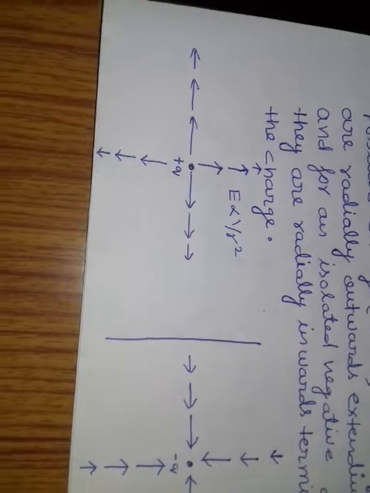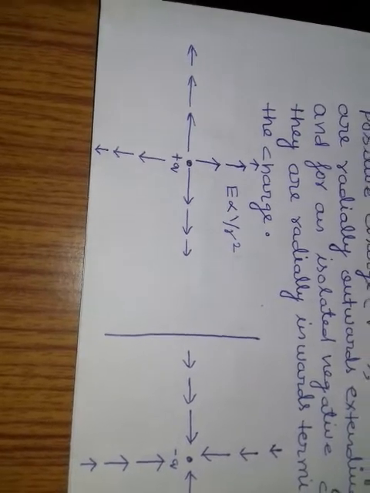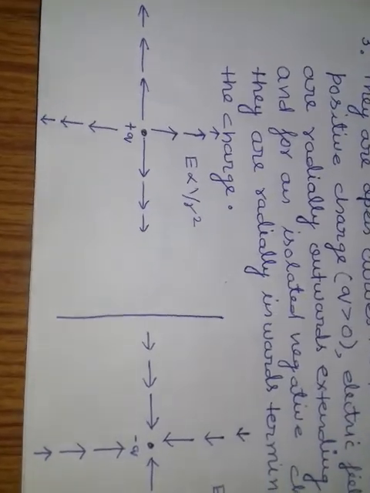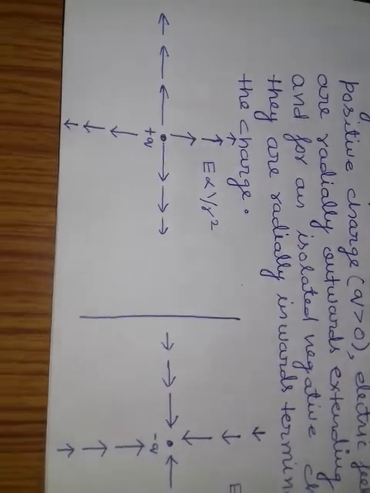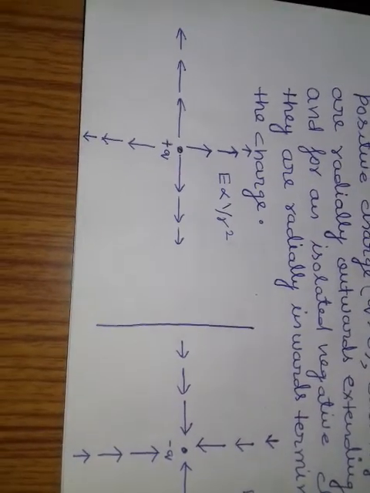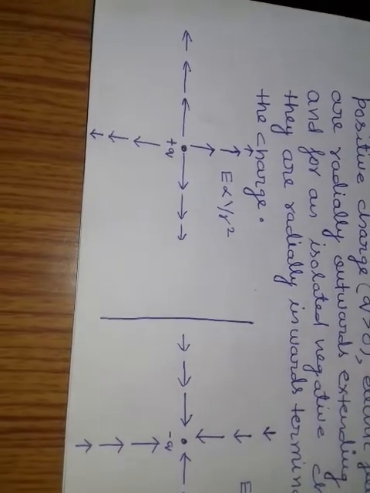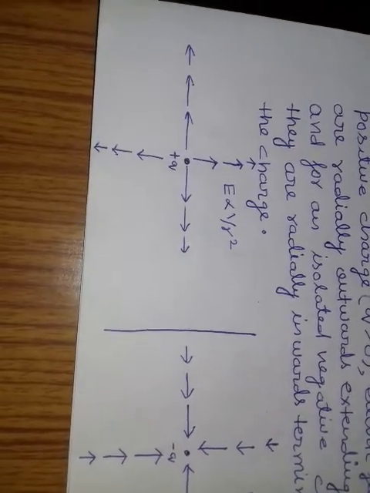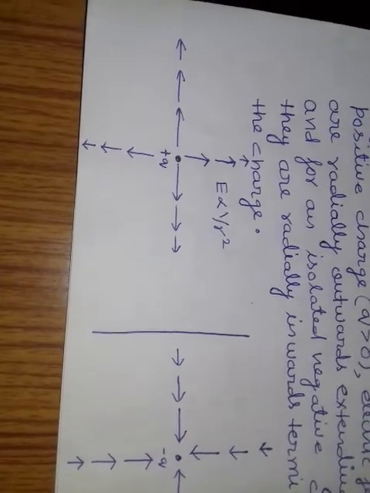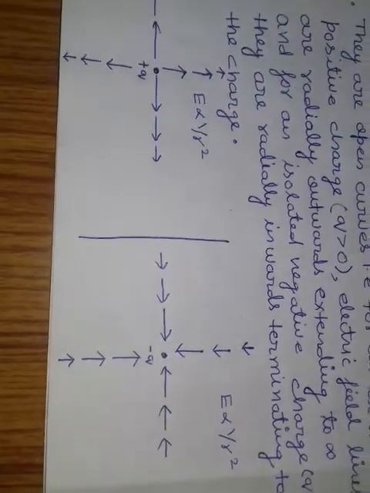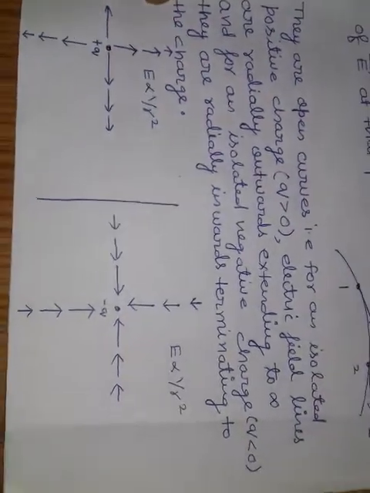It means the length of the vectors represents the value of electric field, and E is proportional to 1 upon r square. So as you move away from the charge, the value of electric field will decrease.